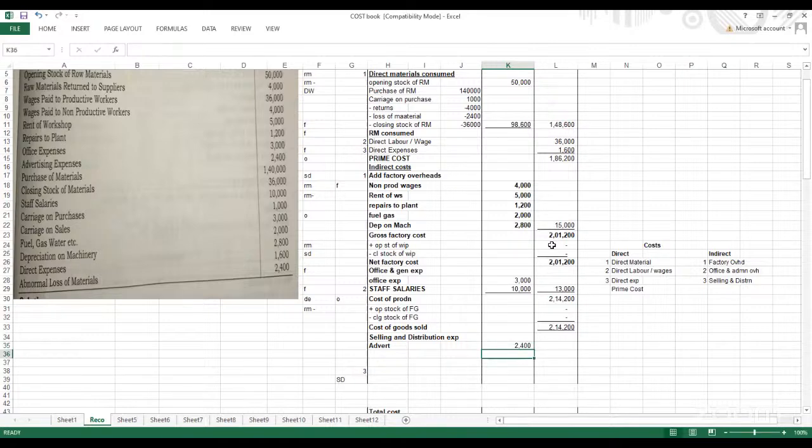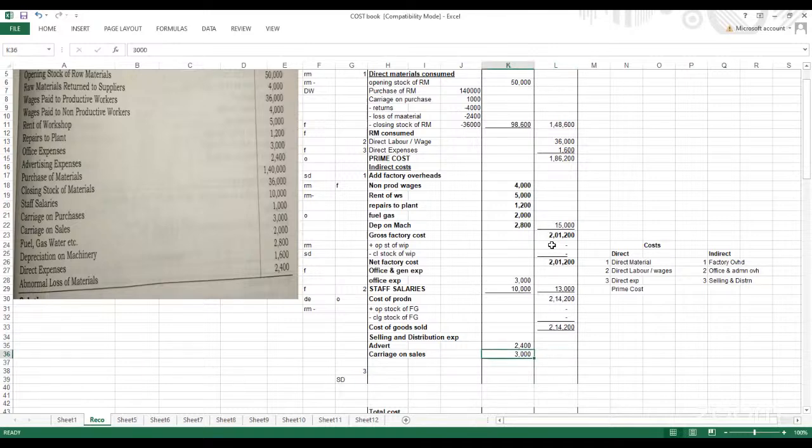Then next is carriage on sales. Value of carriage on sales is 3,000. Any other S&D item? No, only two are there.